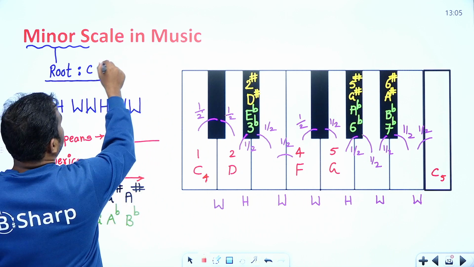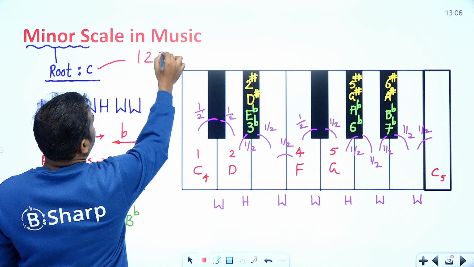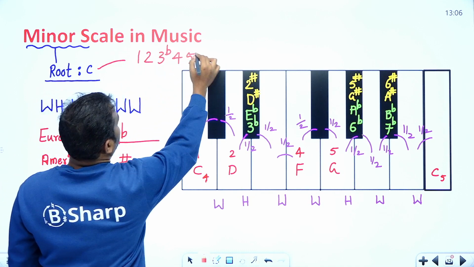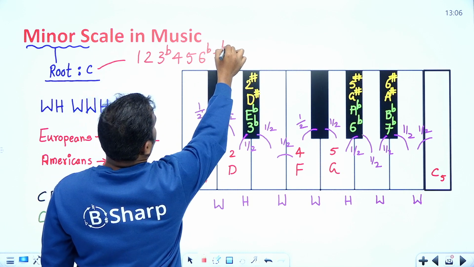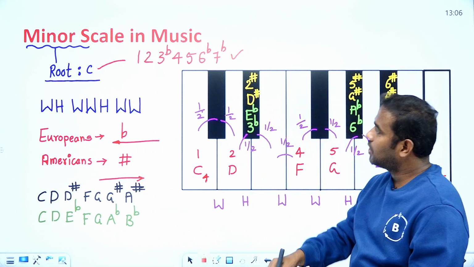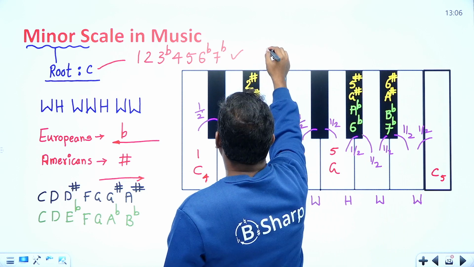So they remember in the form of numbers: 1, 2, 3 flat, 4, 5, 6 flat, and 7 flat. This is also right. So instead of remembering it like this, you can also do like this. Or else the same thing you can do again in American style.